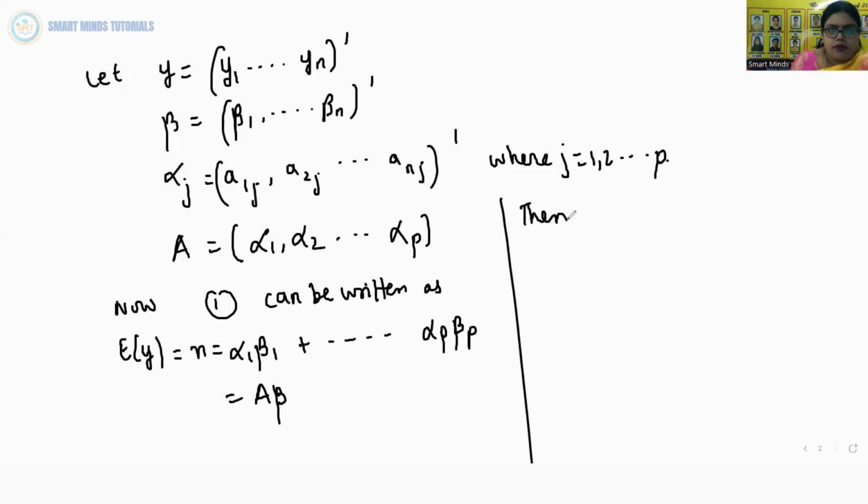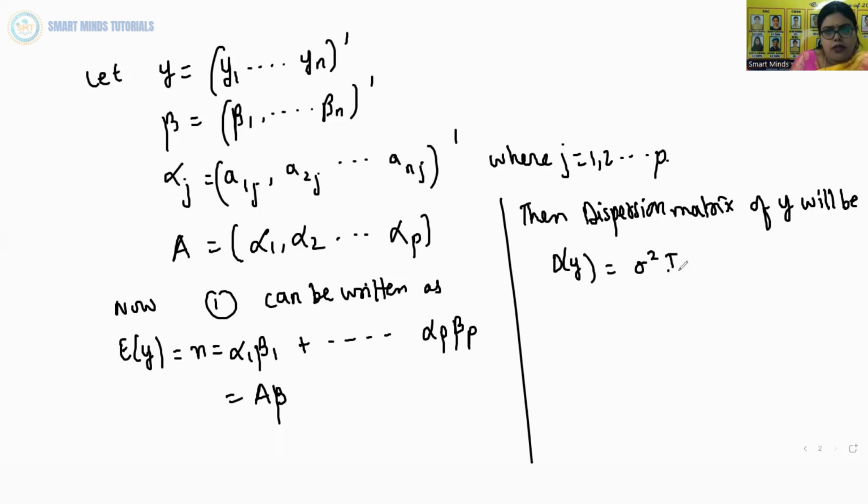Then the dispersion matrix of y will be D of y is equal to sigma square I, where I is the identity matrix of order n.